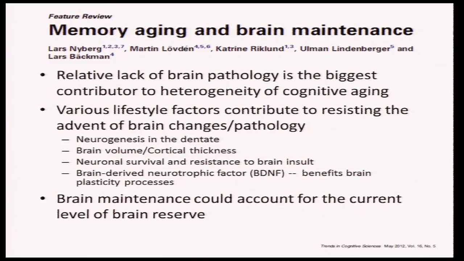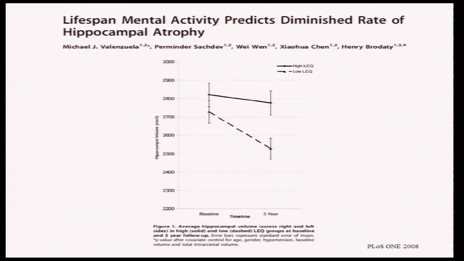I think it's really important because when we first started talking about these things, we did not realize how plastic the brain is: neurogenesis, changes in volume with experience, et cetera. Here's just a quick example of what I would call brain maintenance. Here's a longitudinal study of the size of the hippocampus over time. You have people with high LEQ, a measure of life experiences, versus low. You can see in this study that the people with higher LEQ were showing less change, less atrophy in their hippocampus than the people with lower life attainment.